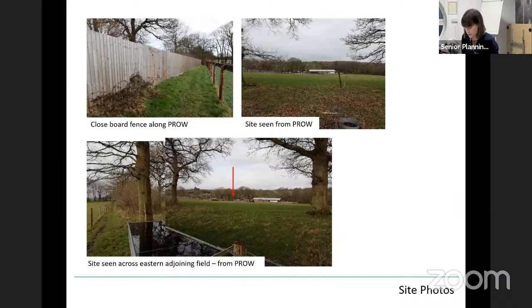The top right-hand photo shows the north-eastern corner of the site, where the majority of the built form is located, from the public footpath, and the roof that can be seen is the roof of the stable building. The bottom photo again shows the view from the public footpath back towards the site, with the red arrow indicating the location of the proposed covered arena.